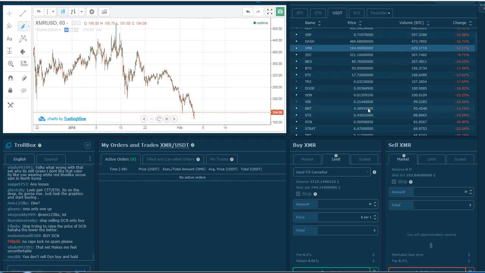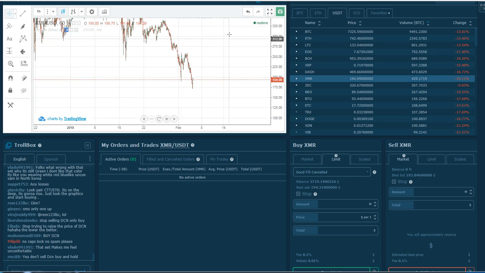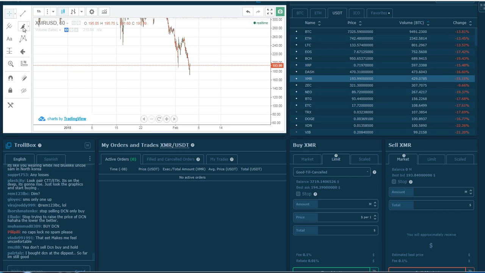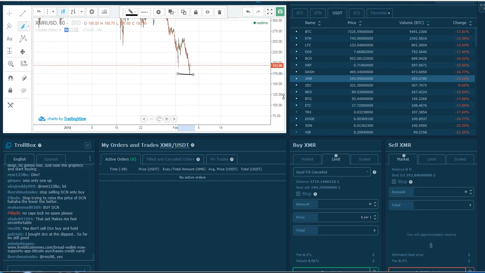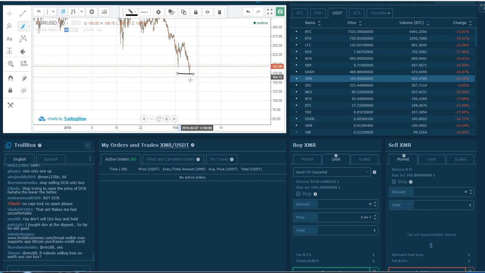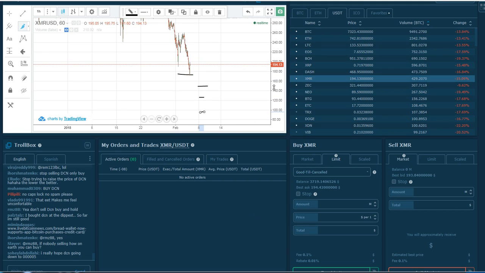So I don't want to go too far down because I'm looking at volume coins at this point. I want these bounces to be safe. So I need to work with high volume coins. So let's just draw a little line here. And we could start going for, let's do 150, 125, 100.